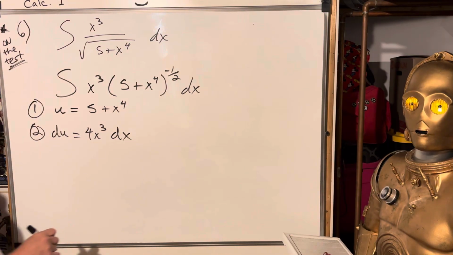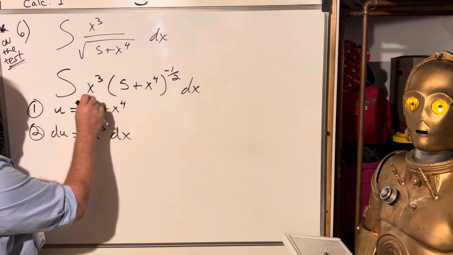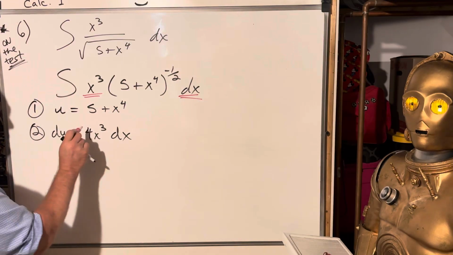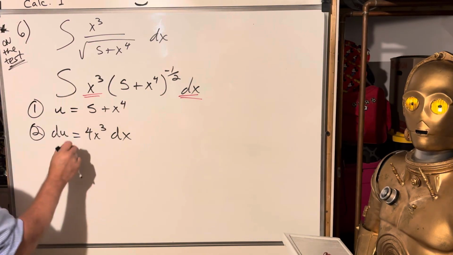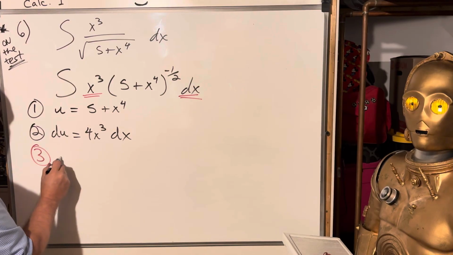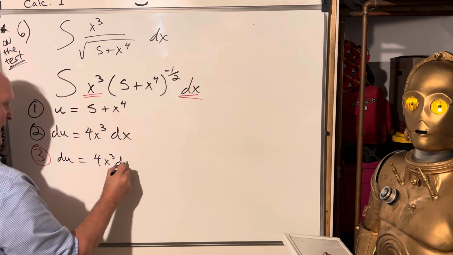And now we take a look. What do we have? We have the x to the 3rd. Nice. We have dx. Nice. We don't have the 4. The 4 is missing.